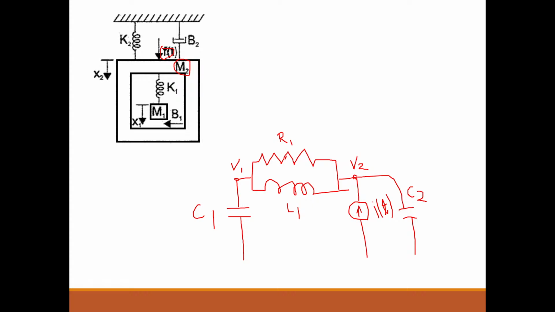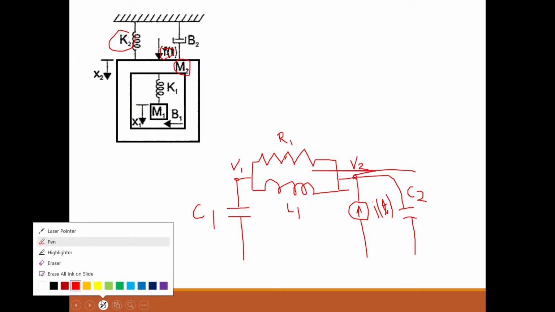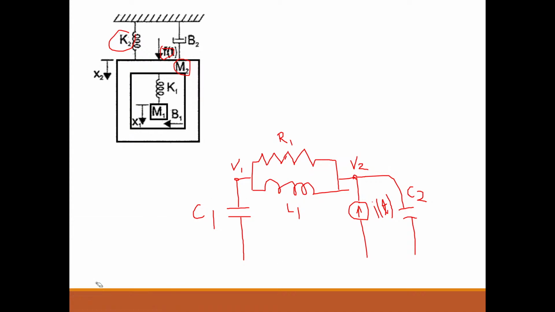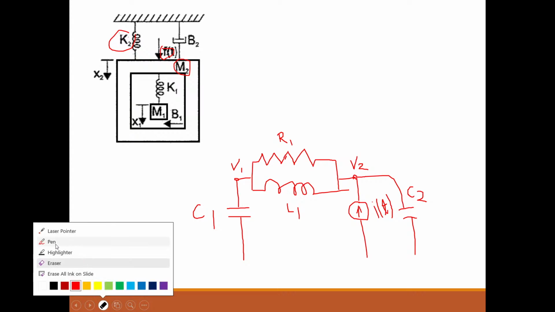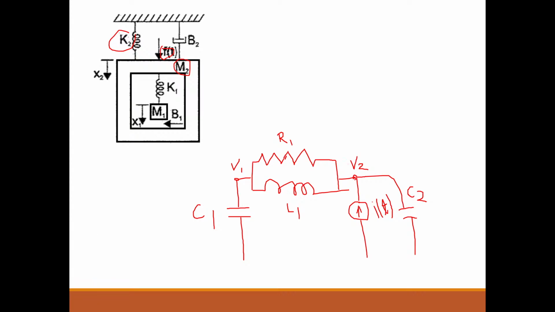Next, what is the other element connected here? That is K2. The analogous of K2 is 1 by L2. An inductor should be connected in parallel to the other elements connected to node V2. So draw an inductor parallel to the other elements.